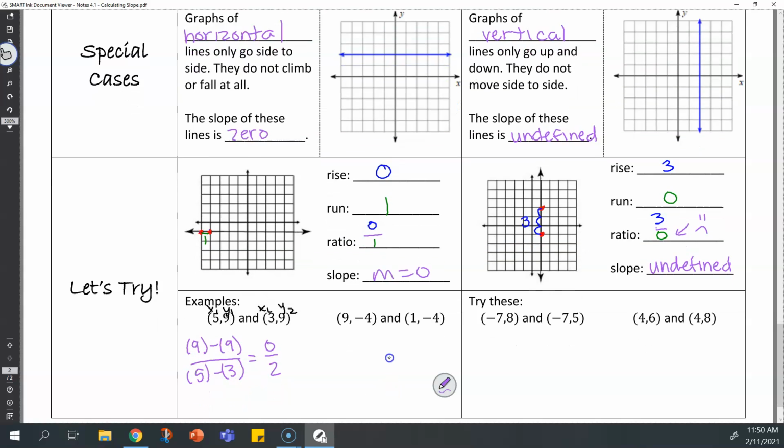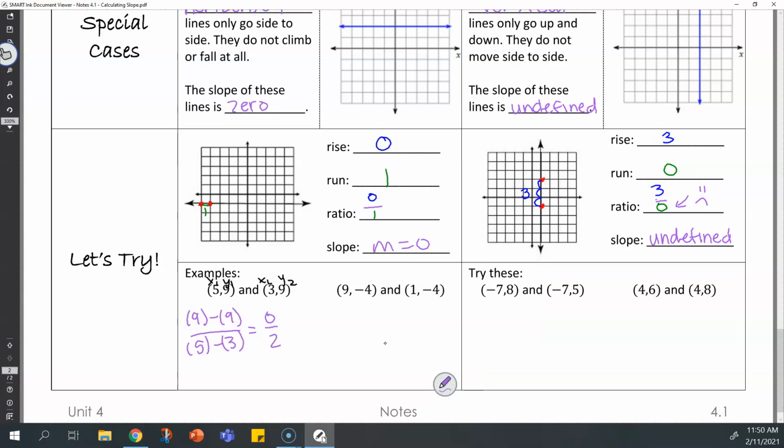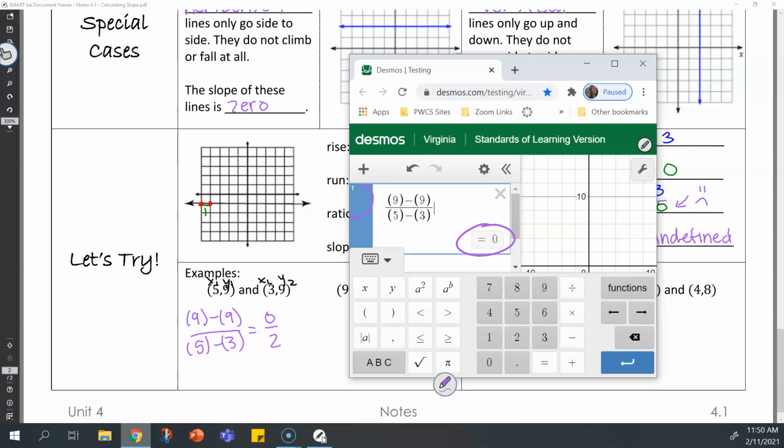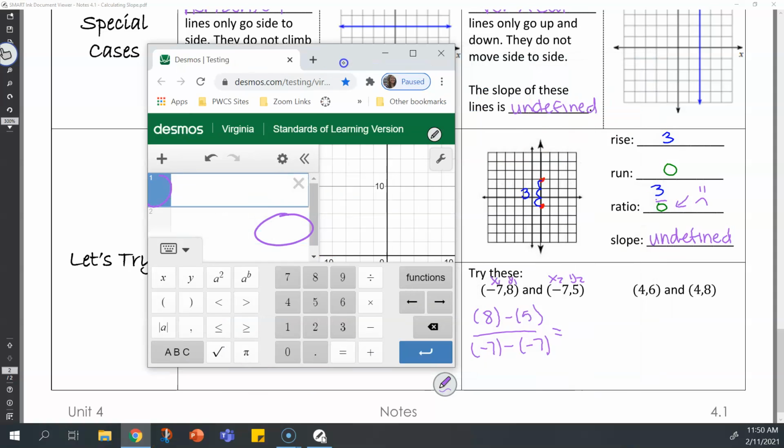Fortunately for us, when I do this with the slope formula, so x1, y1, and x2, y2, I get 8 minus 5 over negative 7 minus negative 7. When I put that in Desmos to calculate it, 8 minus 5 over negative 7 minus negative 7, Desmos will actually tell you that it is undefined.